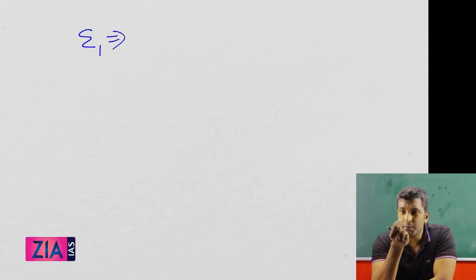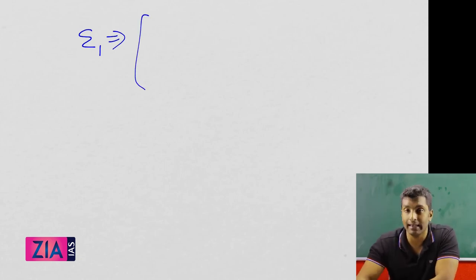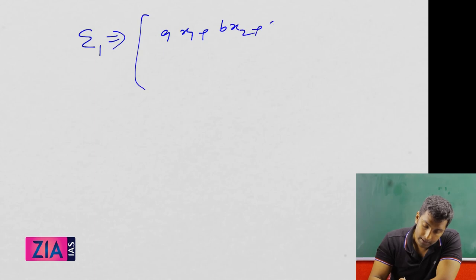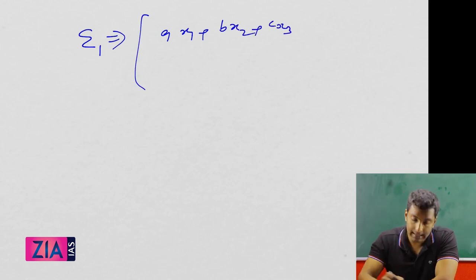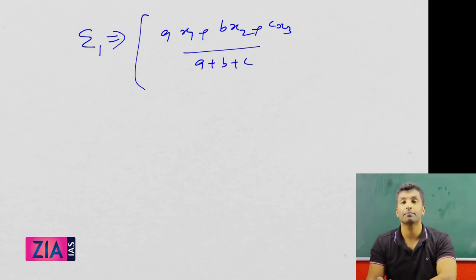There is one small change that you need to make in the equation of Incenter. If I write Incenter, what is that? X coordinate will be ax1 plus bx2 plus cx3, three sides, divided by a plus b plus c, comma.